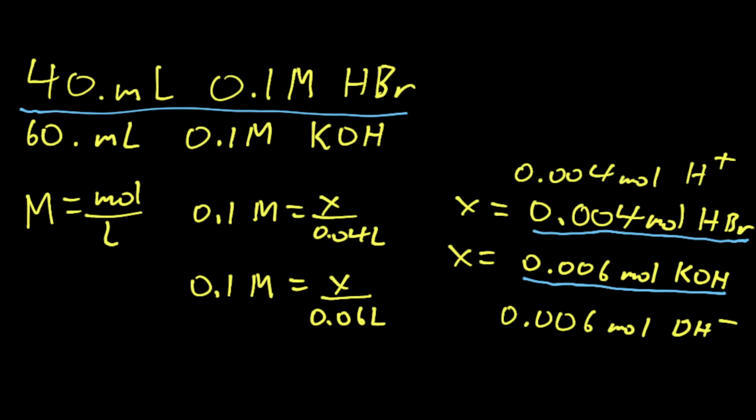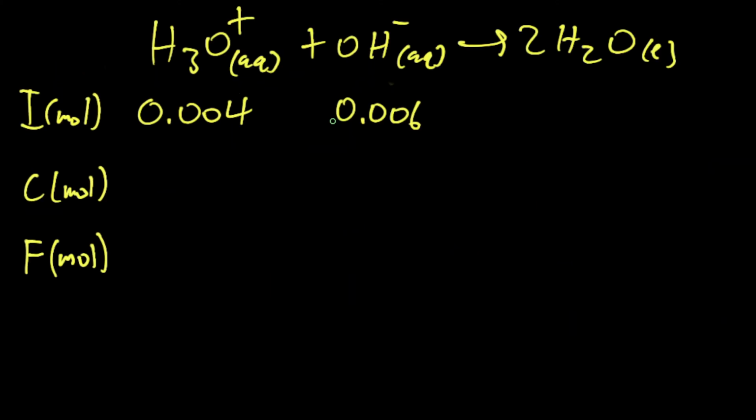If we look back at our net ionic equation, the 0.004 moles of hydronium ions are going to react with the 0.006 moles of hydroxide ions. Here I've written out the net ionic equation with the values of the moles we just calculated put into the initials of the ICF table.